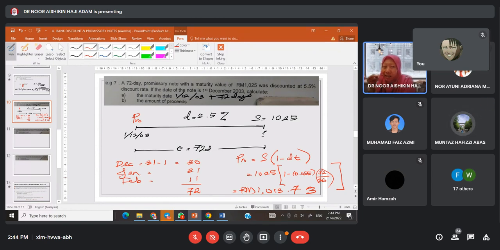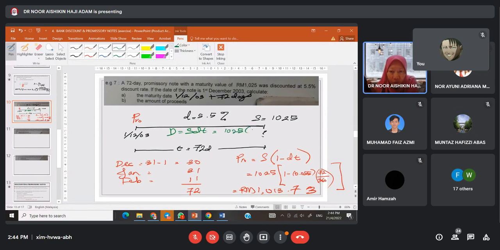Itulah dia sebab you dah bundarkan nilai D. Okay, katalah you buat macam tu, you cari D. So you buat D equals to SDT kan?